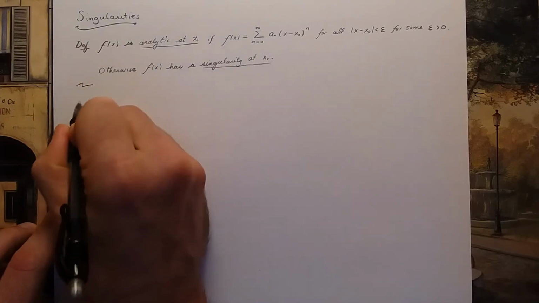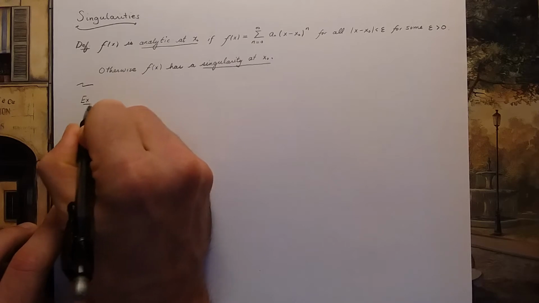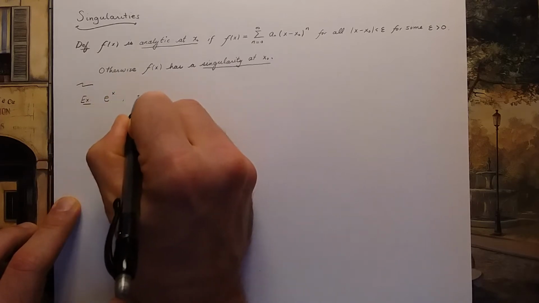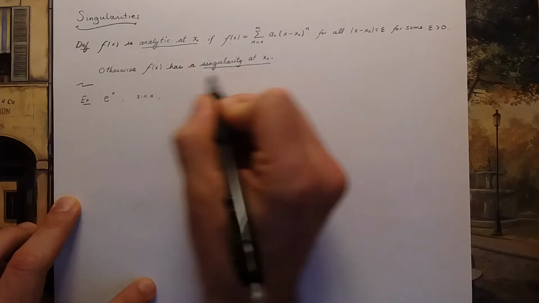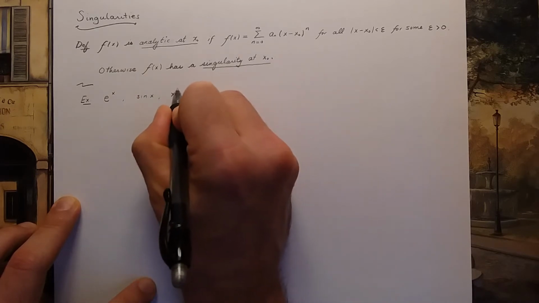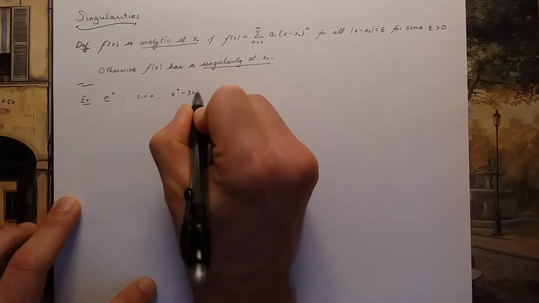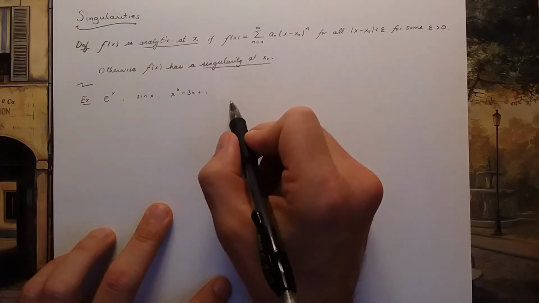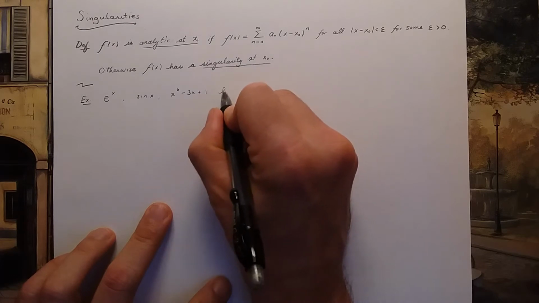So let's see some examples. The functions e to the x, sine x, and any polynomial, like x to the 6th minus 3x plus 1, these functions have no singularities.